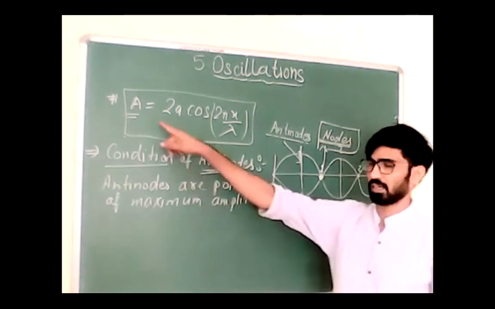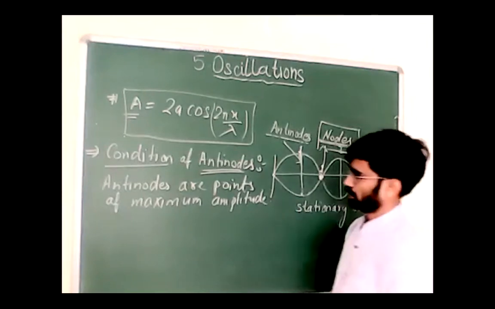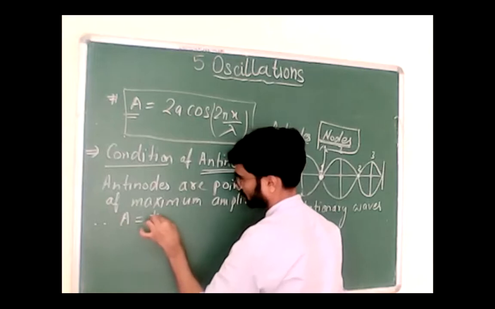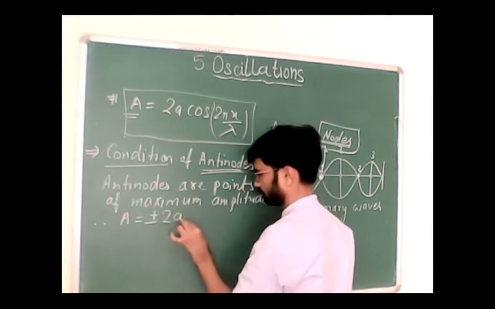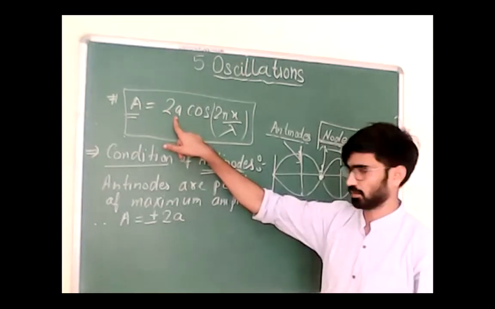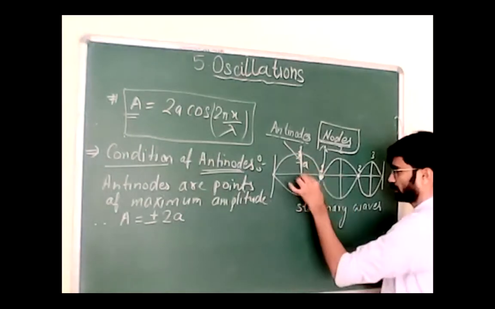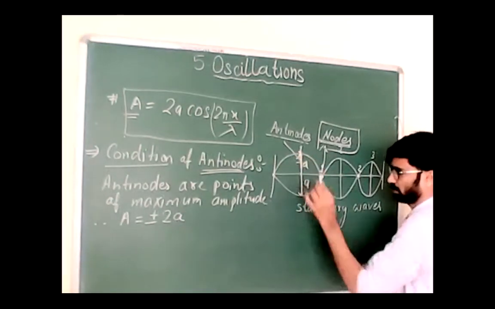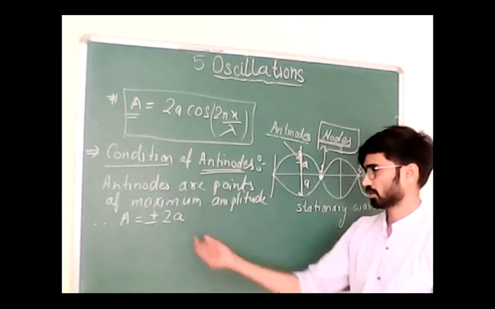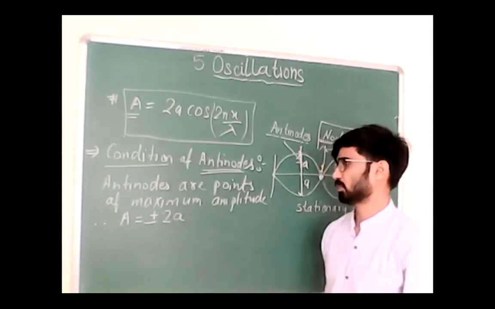That means the value of this amplitude can be written as plus or minus 2A. Here this A represents the amplitude. Suppose this is A and this point is A, so the total amplitude would be 2A. This is the point which suggests the maximum amplitude.